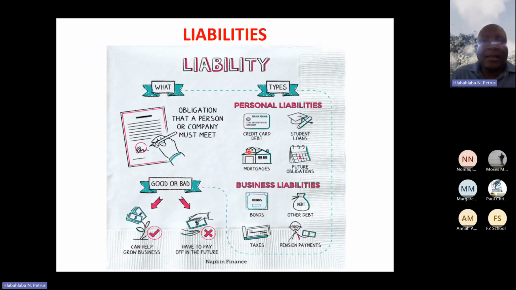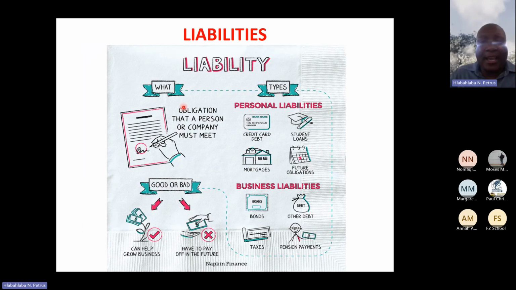And grade 8, we have what we call liabilities. What is a liability? A liability is an obligation that a person or a company must meet. So meaning if you are owing someone, you have an obligation. And then, as I briefly explained, personal liabilities, we can also refer to them as credit card debts that a person is having.